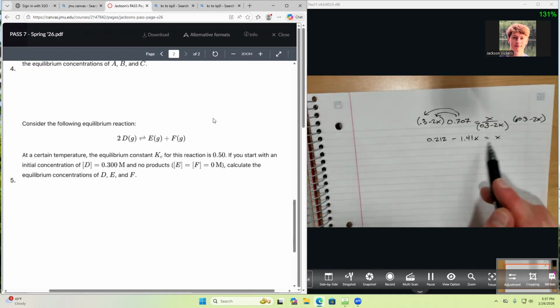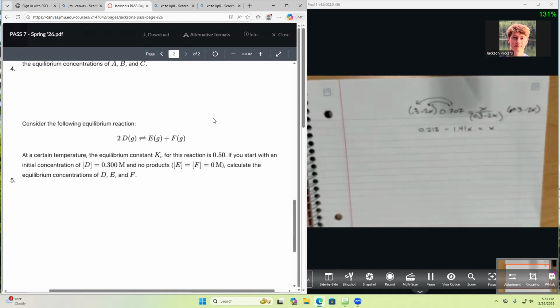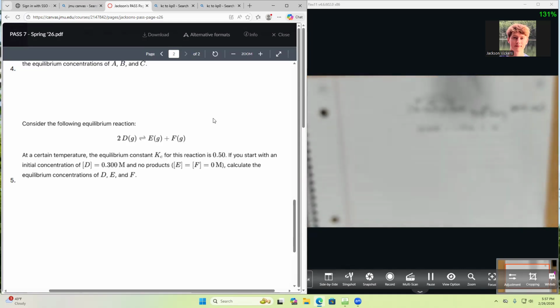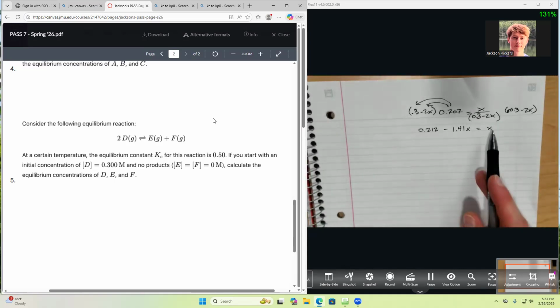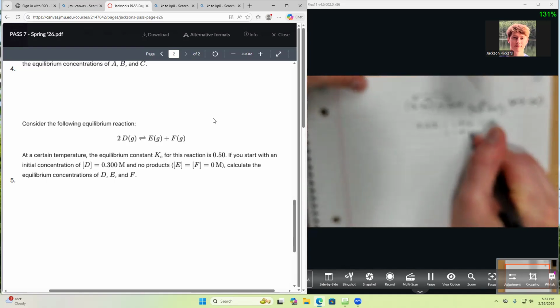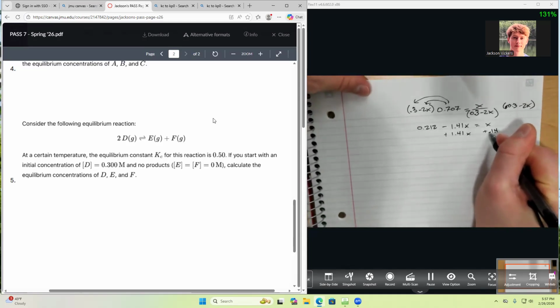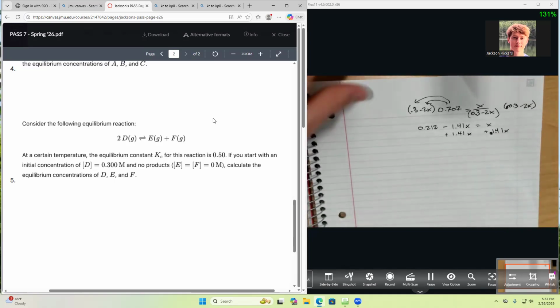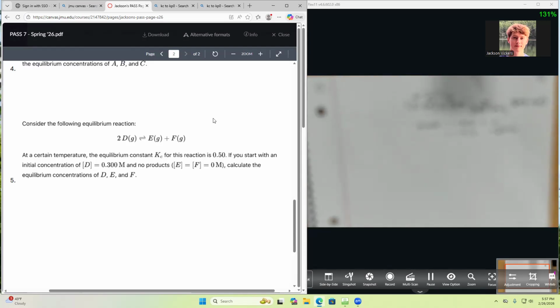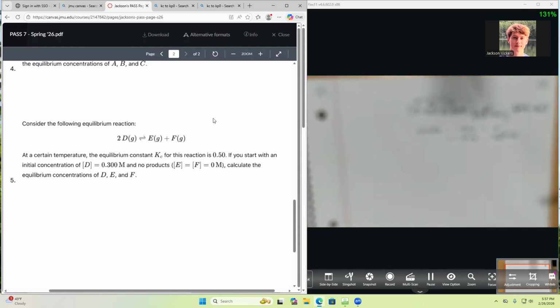So now we can do a little bit more algebra. This is a step that sometimes I get thrown off on. You always want to think about having your variable on the same side. That's the goal. So how can we get this over here? We can do that by adding 1.41x to both sides. Another thing that I often mess up on is I forget that the x has an invisible 1 in front of it.